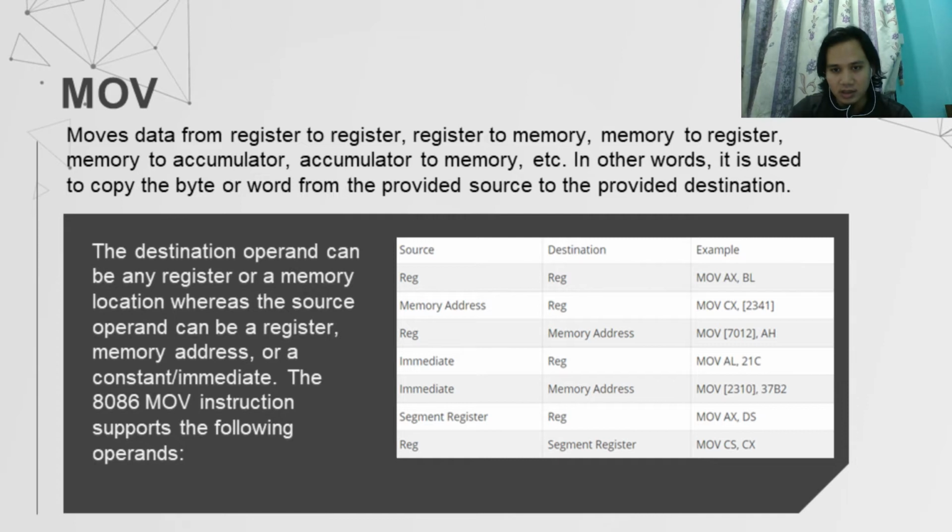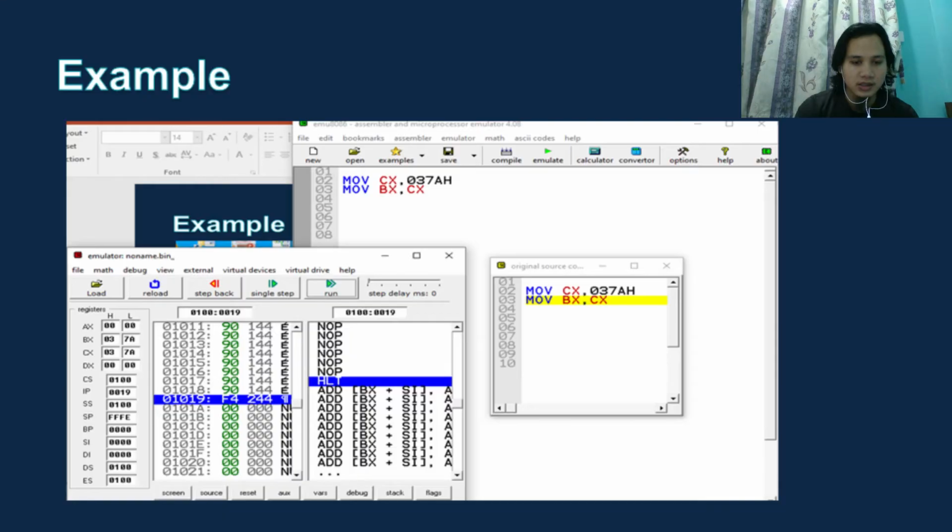Another example is MOV [07012], AH, where the source is a register and the destination is a memory address. And the last example is MOV CS, CX, where the source is a register and the destination is a segment register. So these are examples of the move instruction.